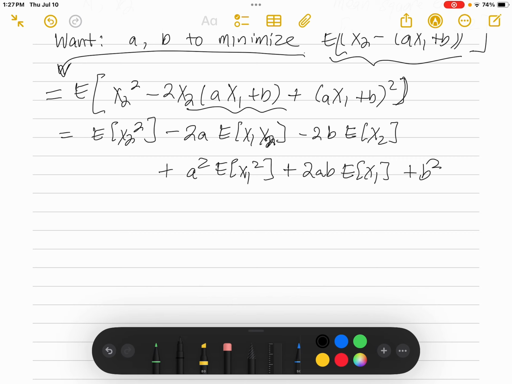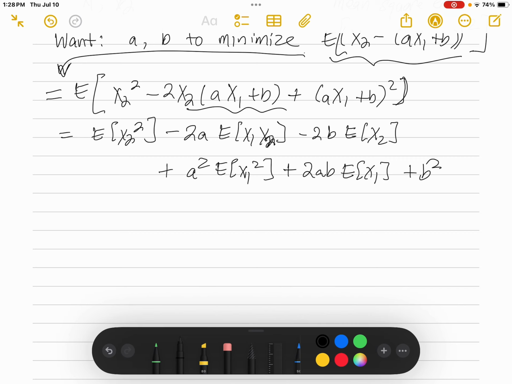Let's make sure we understand what's going on here. What are the numbers and what are the variables? We're trying to pick a and b that make this as small as possible, so we're thinking of this as a function of a and b. Those are the things that are varying, and the other things are constants. The expectation of any random variable is a constant. E of x2 squared is a constant, E of x1 x2 is a constant, E of x2 is a constant.